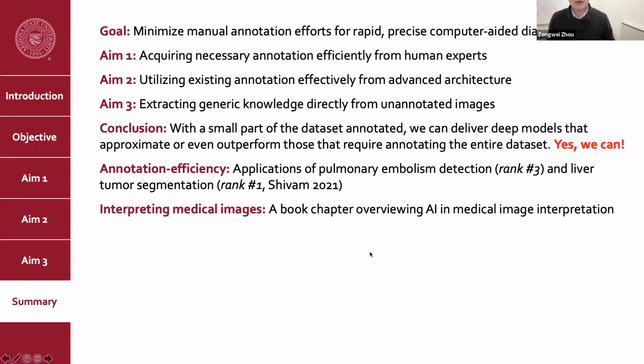I have also written a book chapter that gives an overall overview of AI in medical image interpretation. In this chapter, I review several unique opportunities that AI can bring to medical imaging, and I also discuss some of the barriers when applying AI to medical imaging.